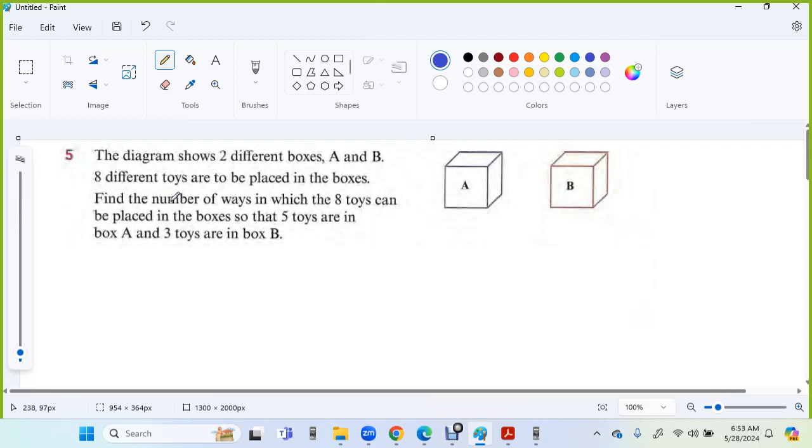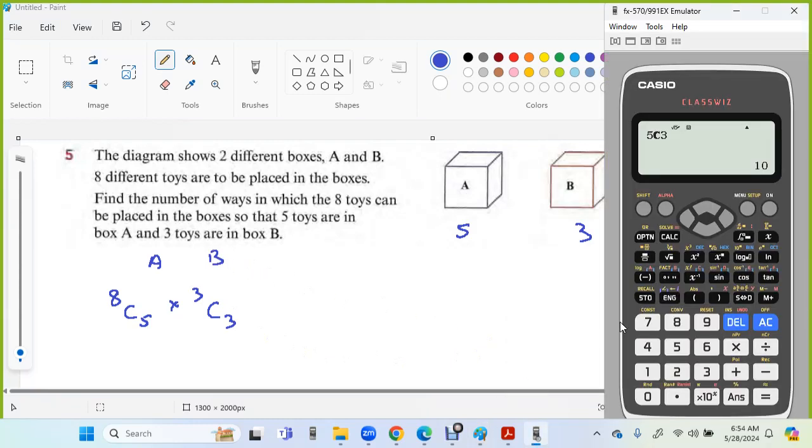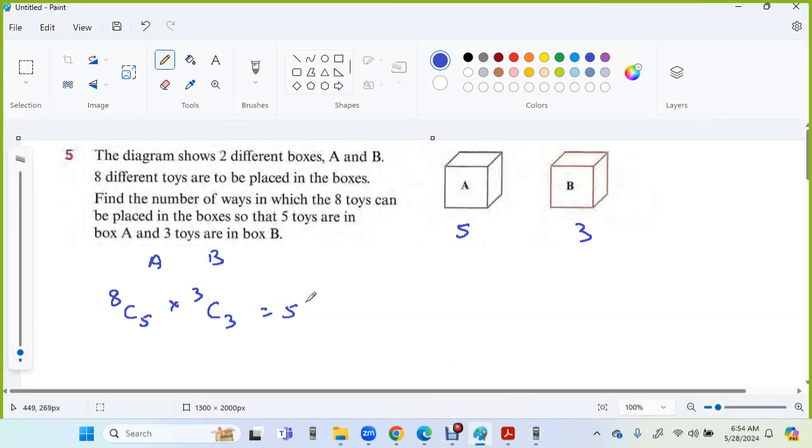Find the number of ways in which the 8 toys can be placed so that 5 toys are in box A and 3 toys are in box B. For box A first, we have 8 choose 5, then we remain 3, so 3 choose 3 for B. So we have 8C5, then 56 times 1, then it is 56.